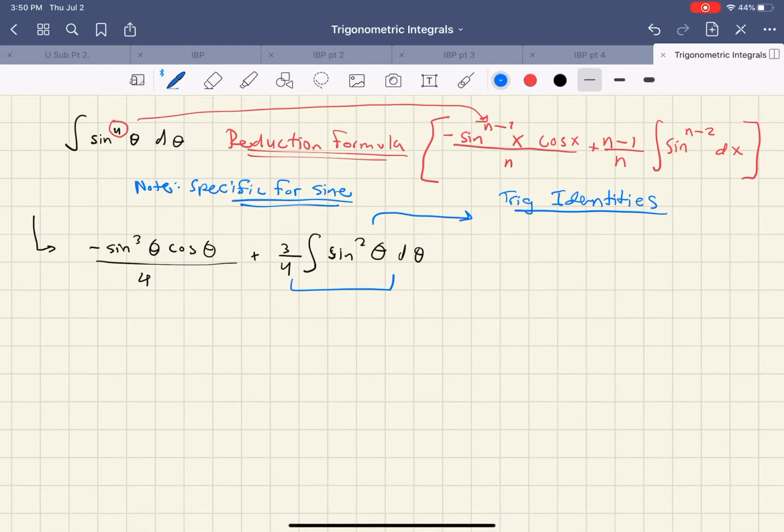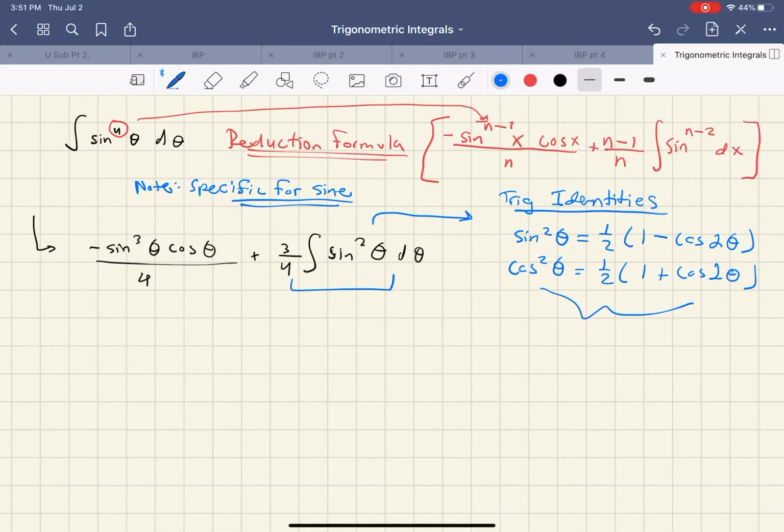So we know that we have sine squared theta and cosine squared theta. And these can be rewritten as 1/2 times 1 minus cosine 2 theta and 1/2 times 1 plus cosine 2 theta. And these right here are known as the double angle identities.